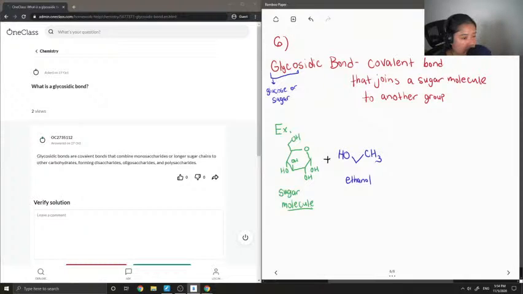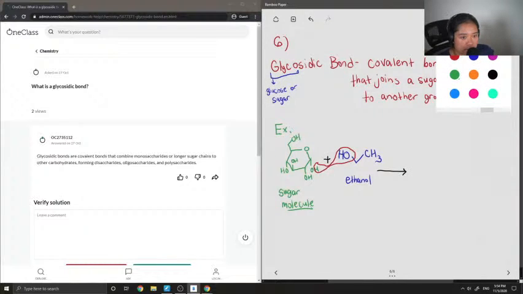I'm going to circle where they would connect, ideally. I'll circle a water molecule as a byproduct of this reaction. And then I'll draw our final molecule on the right.